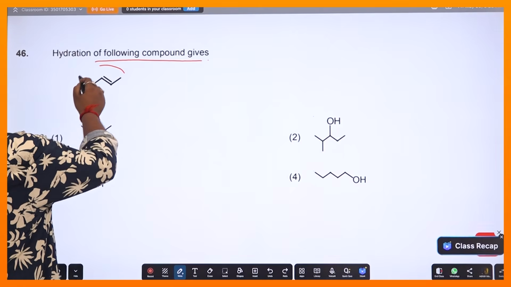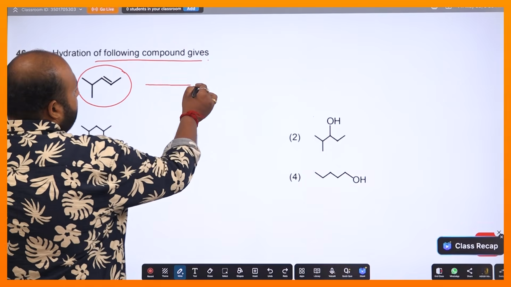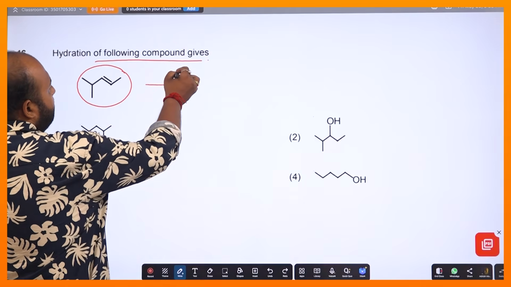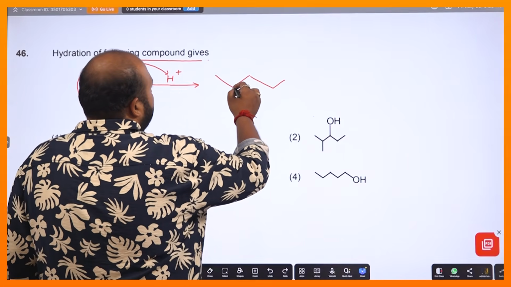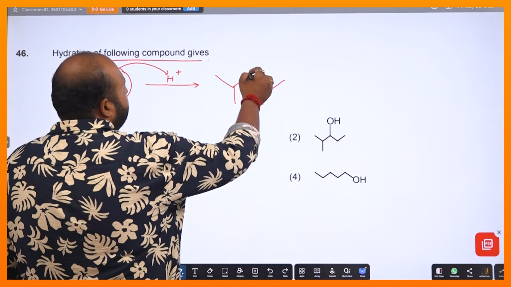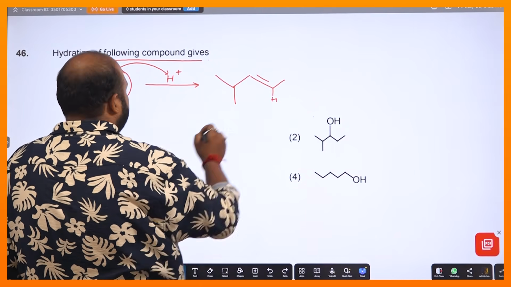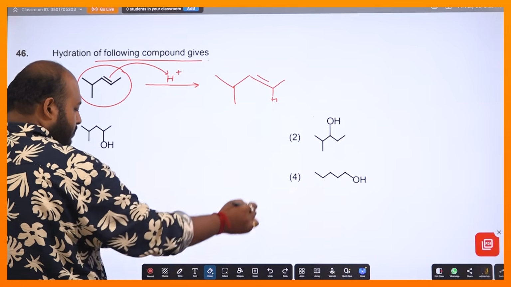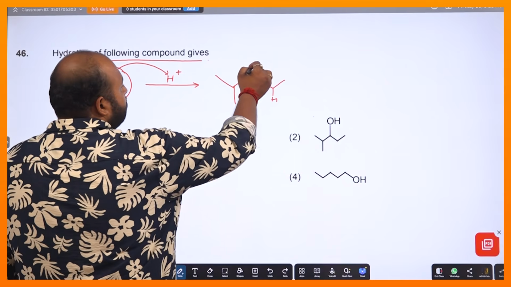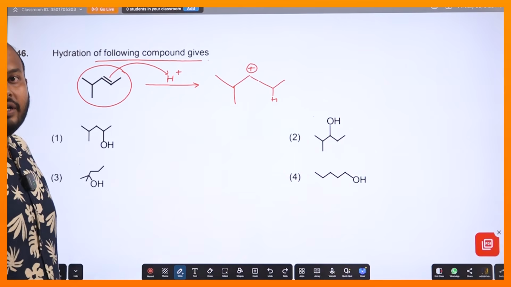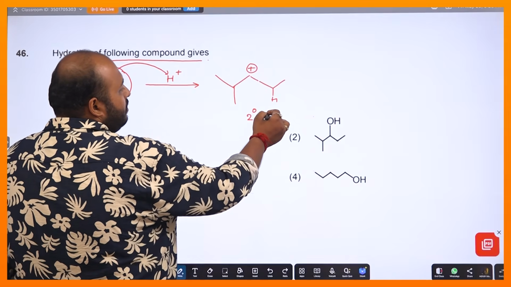So this following compound, let us take the mechanism. If we do the hydration here, we will be getting a carbocation, and you can see here that this carbocation is a 2-degree carbocation.